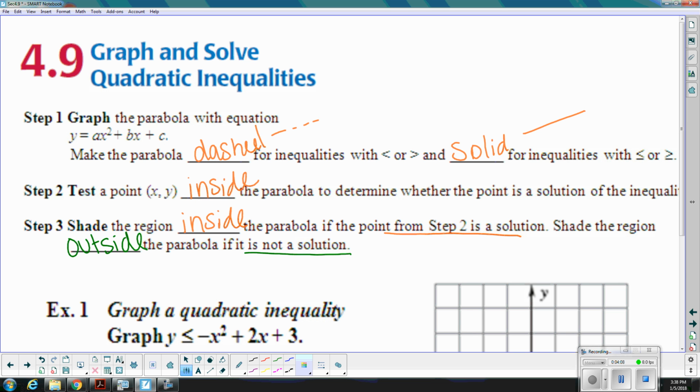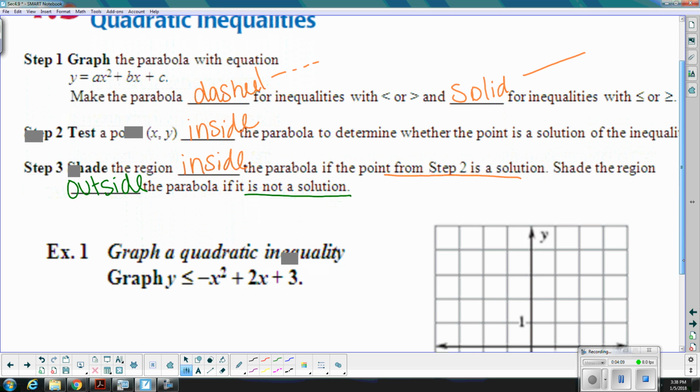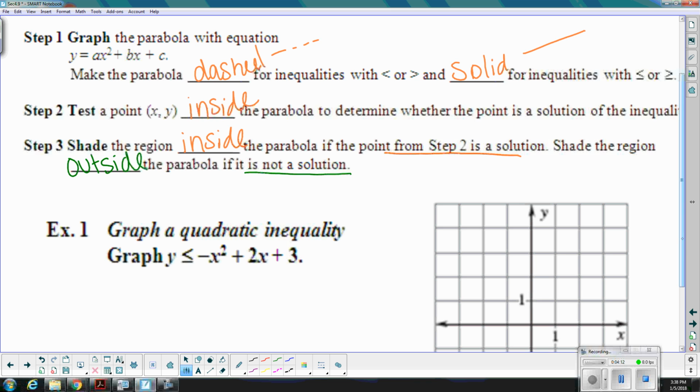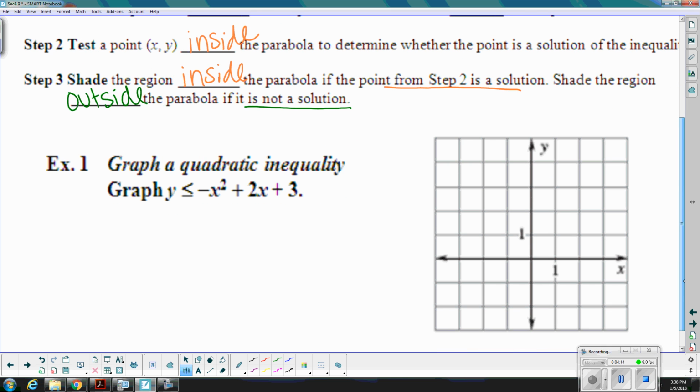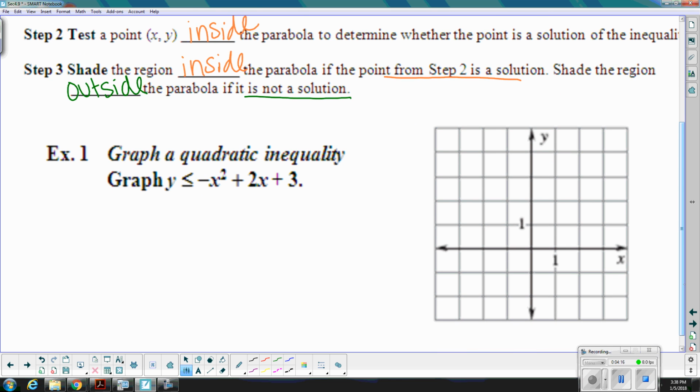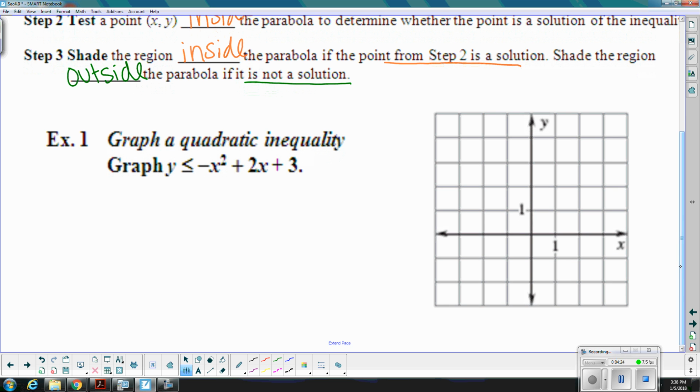So if the area where you checked is a solution, shade that area of the coordinate plane, and if it's not, shade the other area. So first we have to remember how to graph our inequalities. We're going to do example 1 together, and then you can do the second one on your own.